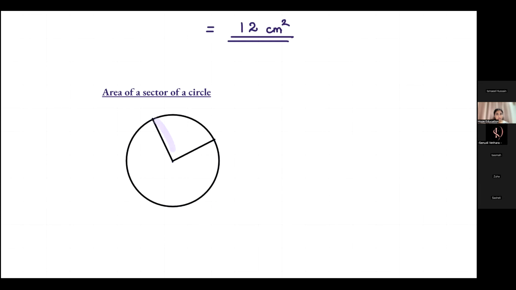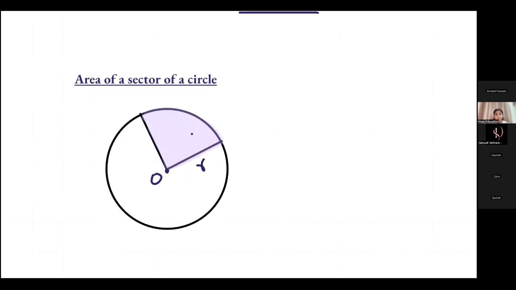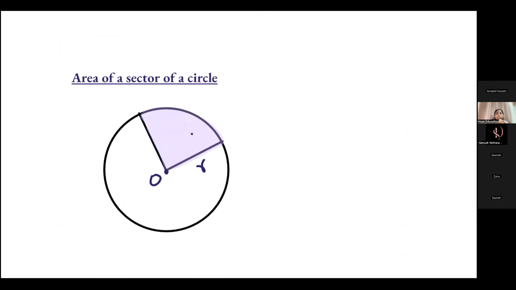Okay. So this is a circle, and this is the radius. O is the center and this is the radius. So in a circle, from the center, if you separate out a part, we call it a sector, a portion of a circle.